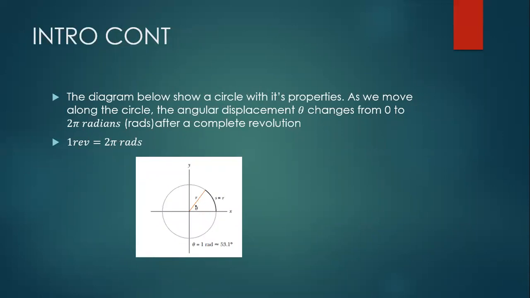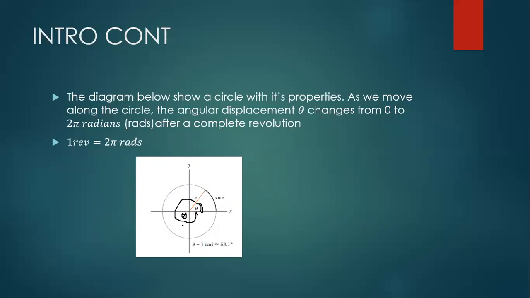The angle that we're talking about is when an object is moving in a circular path, it will be sweeping across a certain angle. If it sweeps across a certain angle like this, the angular displacement will be given by this theta. If it sweeps again across an angle of that nature, it would have swept across this theta.